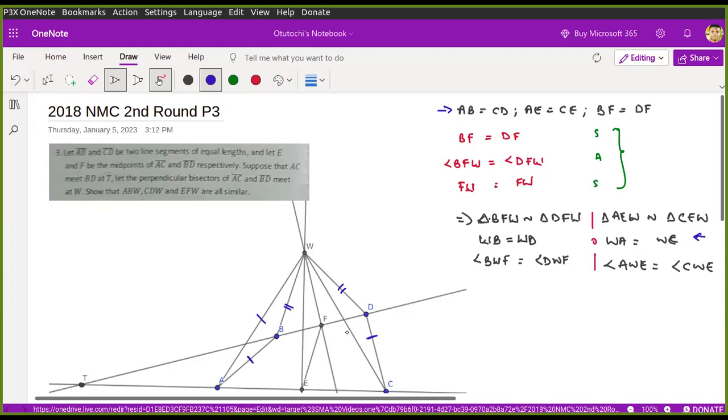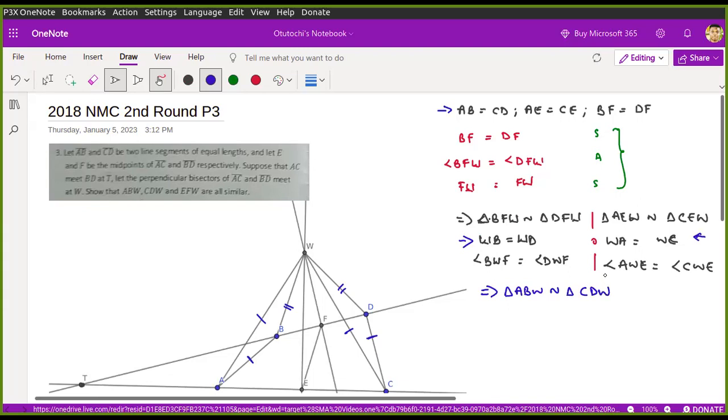And now you agree with me that this is enough to establish a side-side-side congruence, right? So basically we have AB equal to CD, WB equal to WD, and WA equal to WC. So from this, we have three corresponding sides equal. So you can perfectly establish a side-side-side congruence and conclude that triangle ABW is similar to triangle CDW.